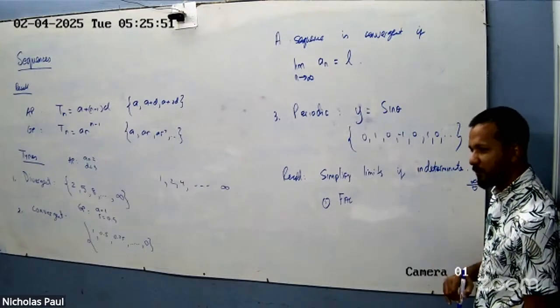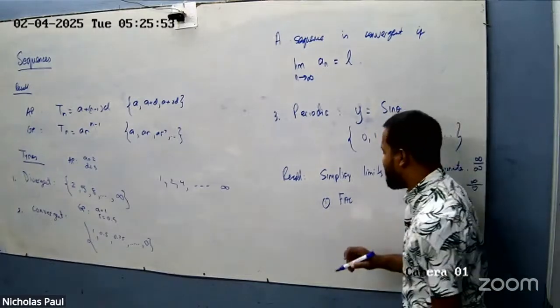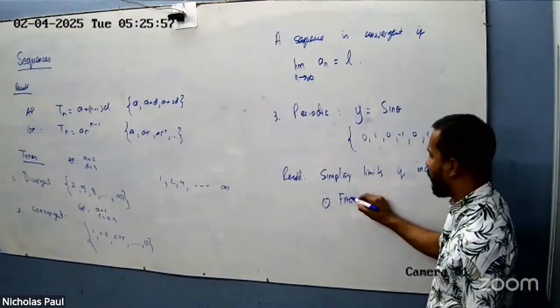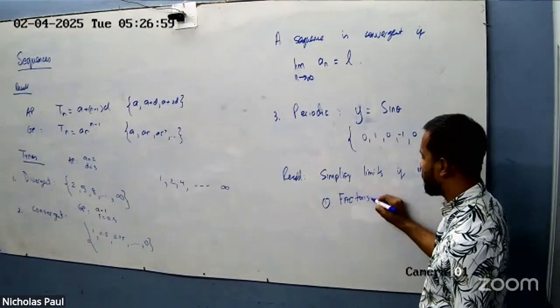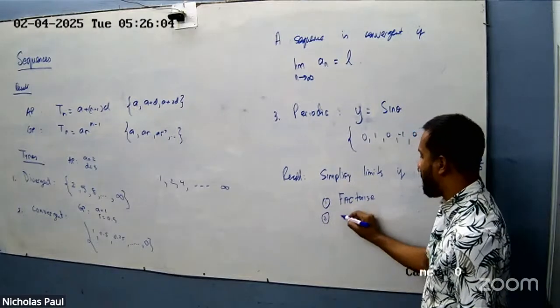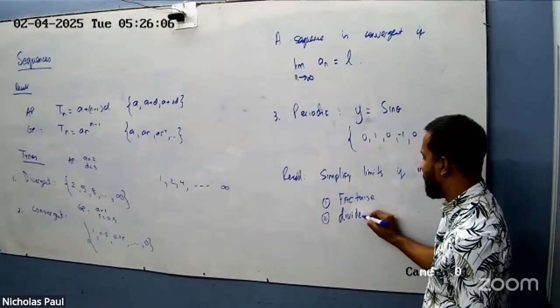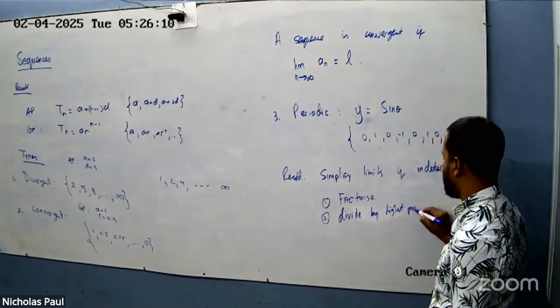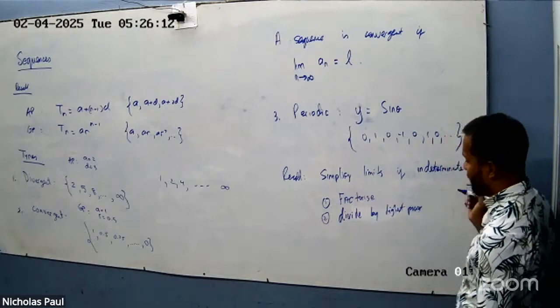If you end up with this, how do you simplify the limits? Number one, you factorize. Only if factorization doesn't work, then you divide by the highest power. If these two don't work, then you probably did something wrong.